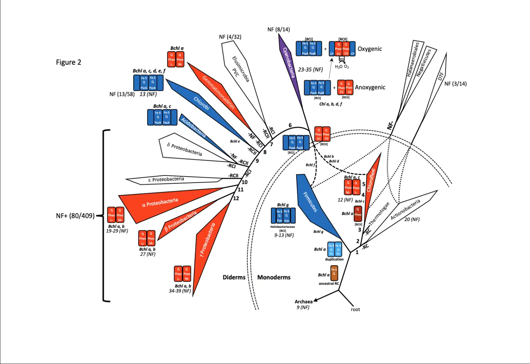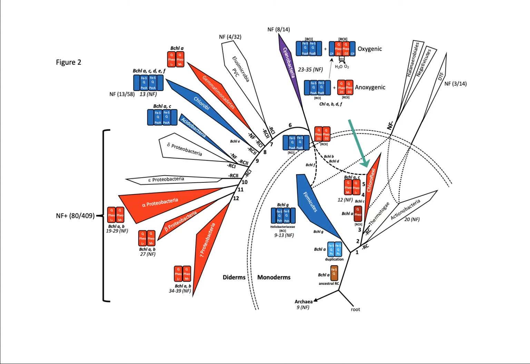So I set about trying to reconcile these differences, and this is a phylogram that I produced based on what I think is now happening, or has happened in the past. So at the base, on the lower right, you have an ancestral reaction center. This diverged into reaction center 1 in the Firmicutes, and only in a few groups in the Firmicutes, and over into chloroflexi with reaction center 2.